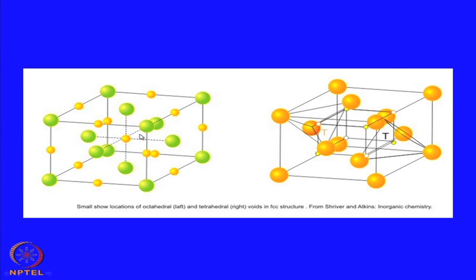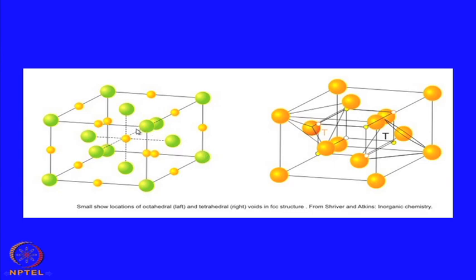A diagonal drawn on the face is called the face diagonal. So, in this case they are not touching each other along the body diagonal, but these green atoms are actually touching along the face diagonal.